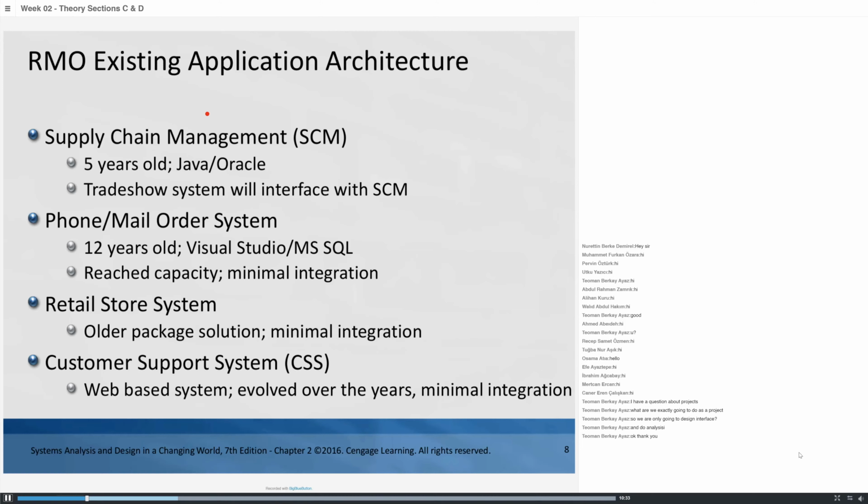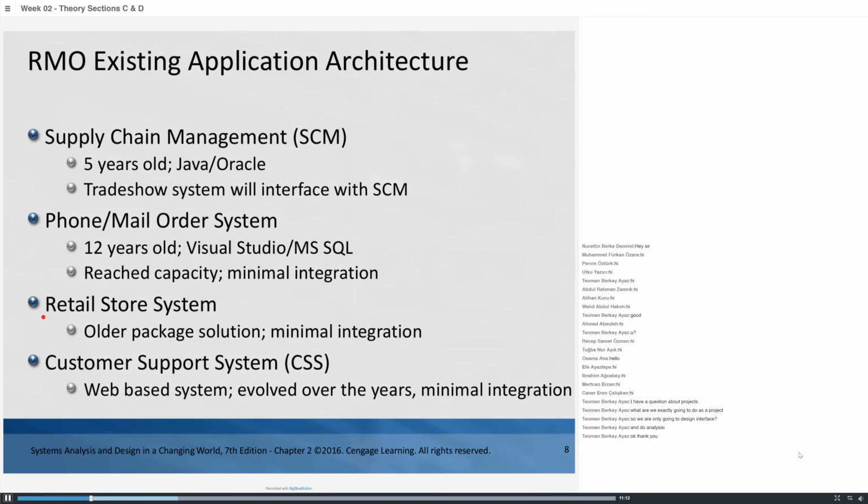Okay. The second system is the phone and mail order system. The modest client-server application was developed 12 years ago using Visual Studio and the Microsoft SQL Server database management system. It's integrated with the supply chain management system, and it has also reached capacity.